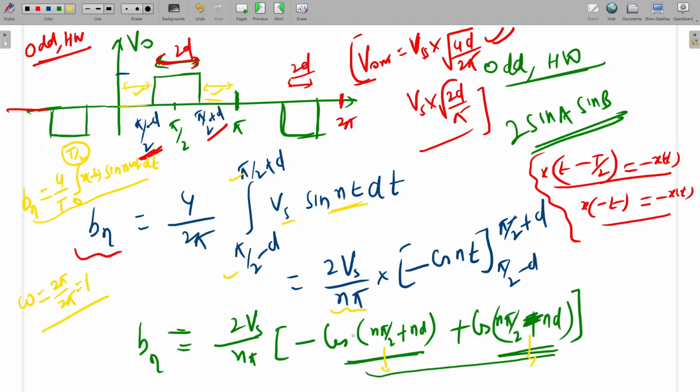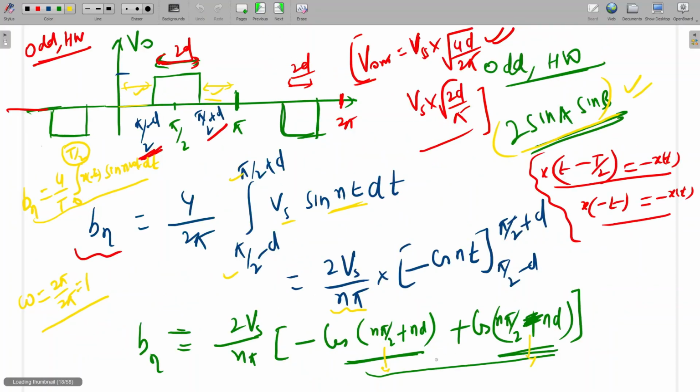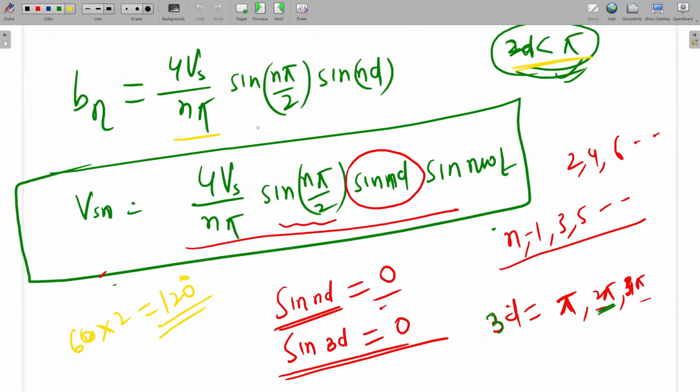So minus cos A cos B plus sin A sin B, plus cos A cos B plus sin A sin B. So cos A cos B will be cancelled. That will be 2 sin A sin B. Is it clear? Yes, sir. So 2 will multiply here. So 4 Vs upon n pi, and sin(n pi by 2) into sin(nd).